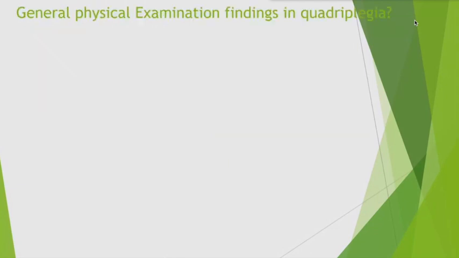General physical examination findings in quadriplegia, what all things do you specifically look for? In this case it is clear that it's trauma.